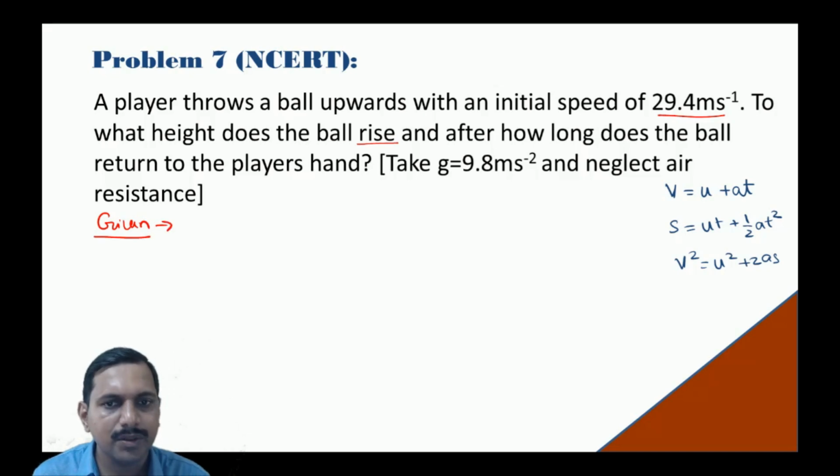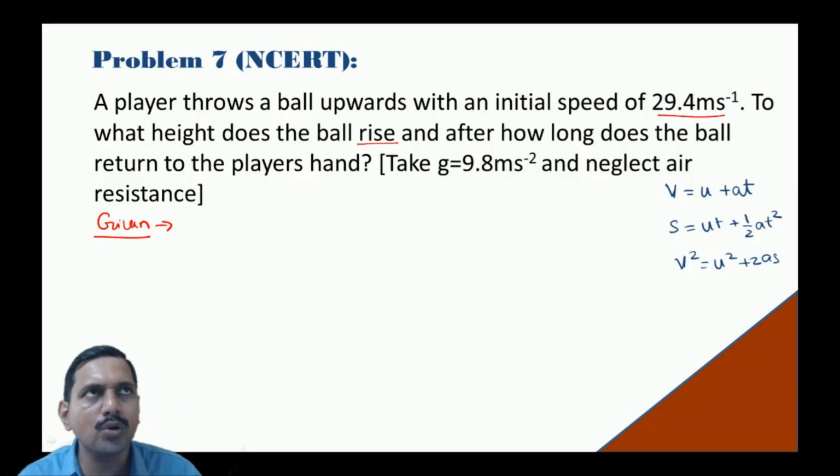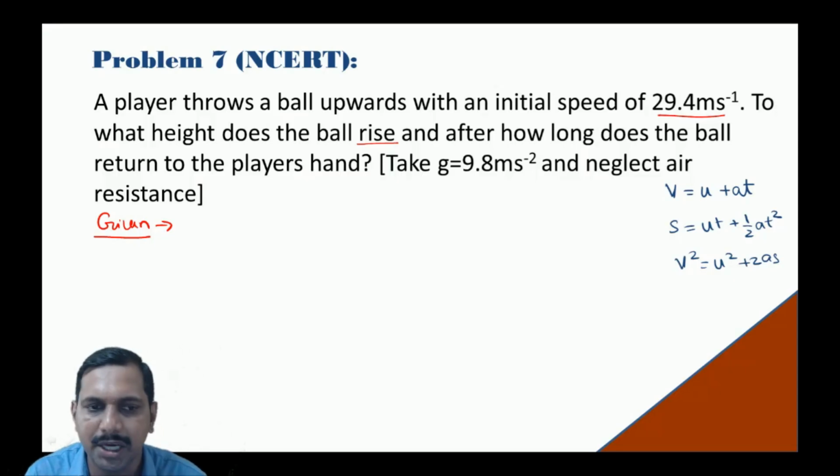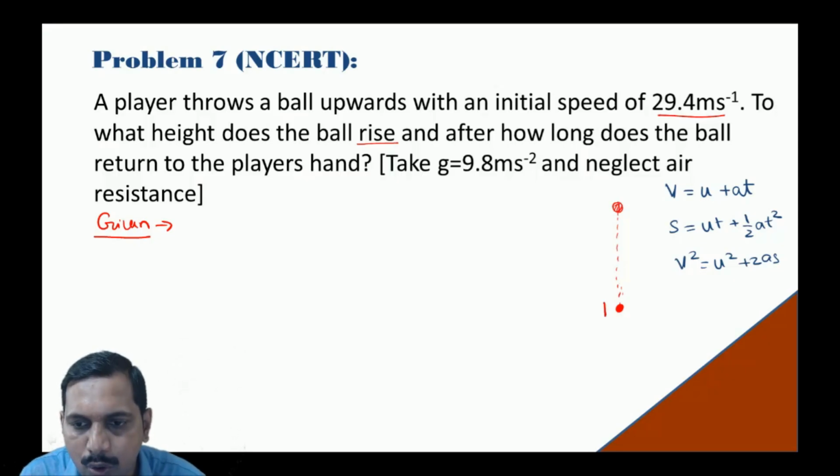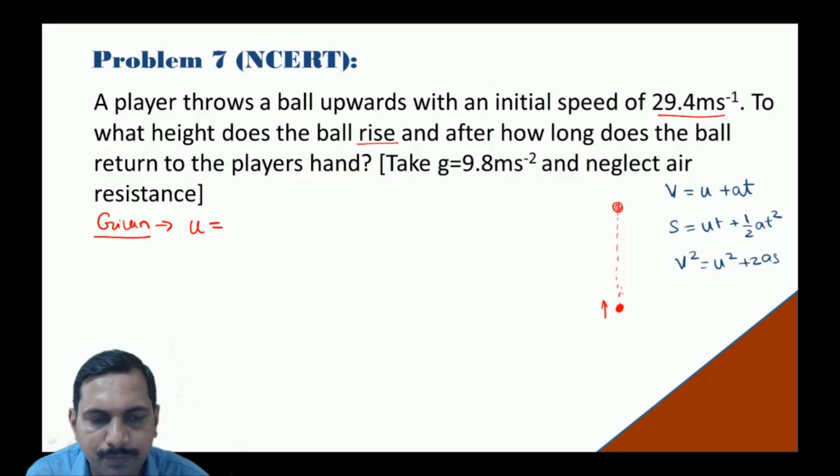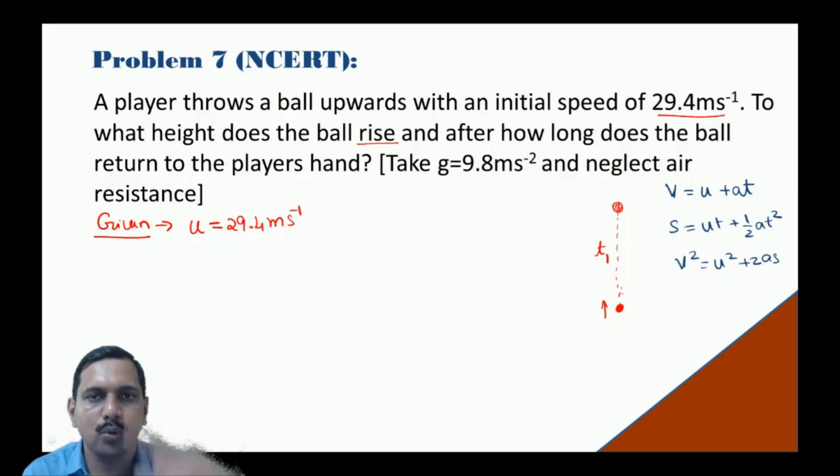The player throws the ball upwards with a speed of 29.4. The ball travels upwards under the action of gravity and reaches the top position. Initially, when it is thrown, it has an initial velocity u, which is 29.4 meters per second, and it takes, say, t1 time to go up.